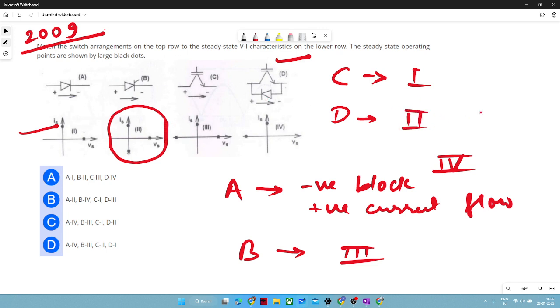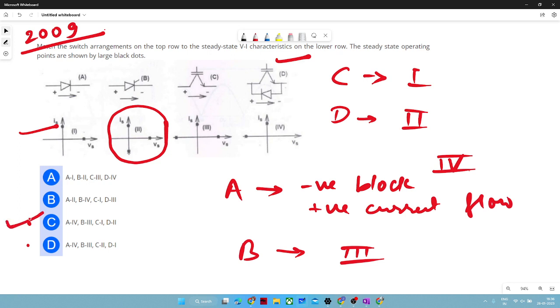And whichever option is satisfying all those criteria will be the correct option. So for A, it is 4, which appears in C and D. Okay. And for B, 3, again in C and D. Now C is connected to 1 in option C only, right?